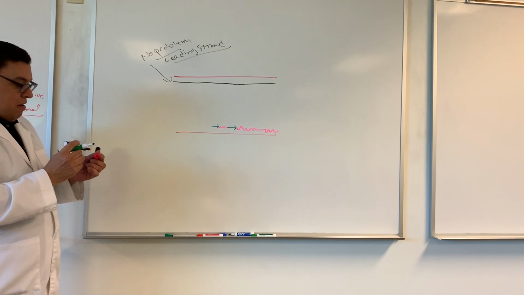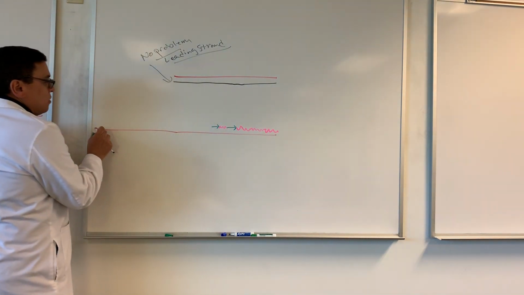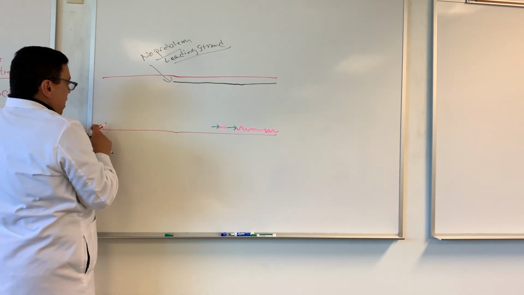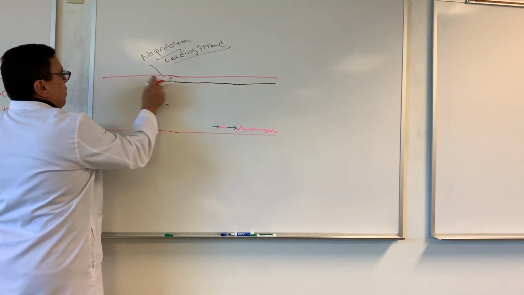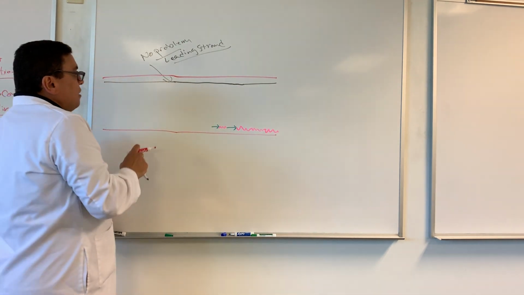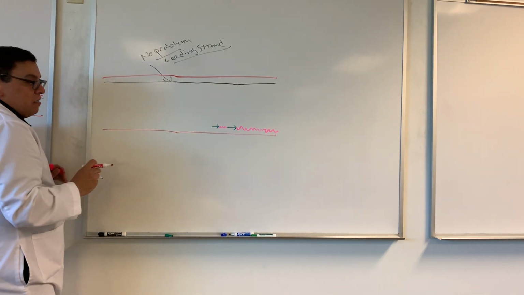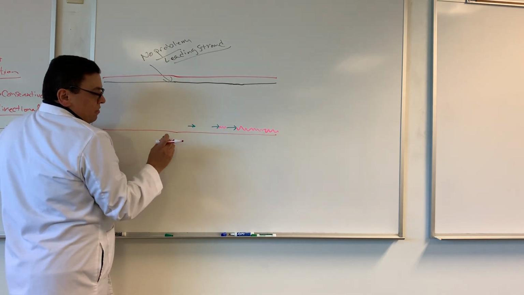Let's do it again. What I'm going to do is extend this line so we can do it a couple more times. Okay? Pink is the DNA now. The green is the primer. Remember, the leading strand goes all the way. But this one is made in pieces. So let's do it again. I have to make the primer.